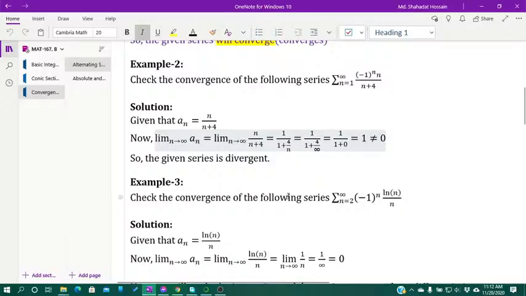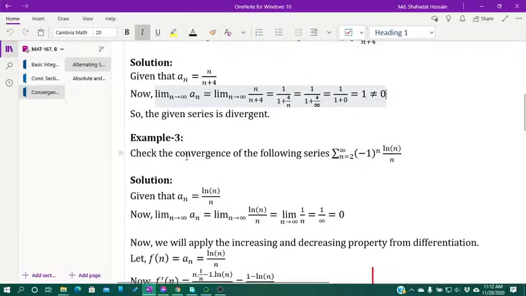Now go to the third example, where we should check the convergence of a series using the alternating series test. Given that an equals ln n by n, now the limit as n tends to infinity of an equals the limit as n tends to infinity of ln n by n.